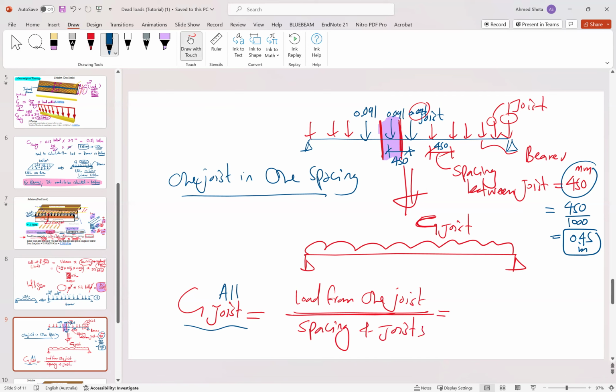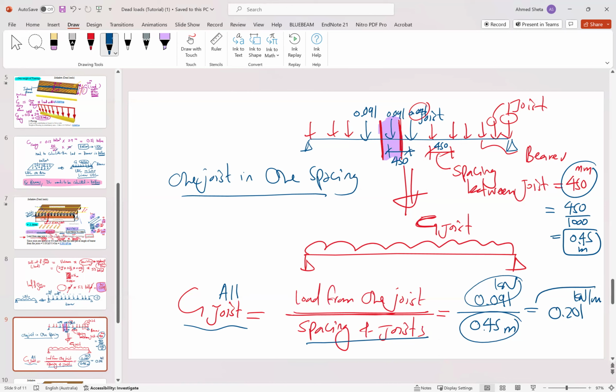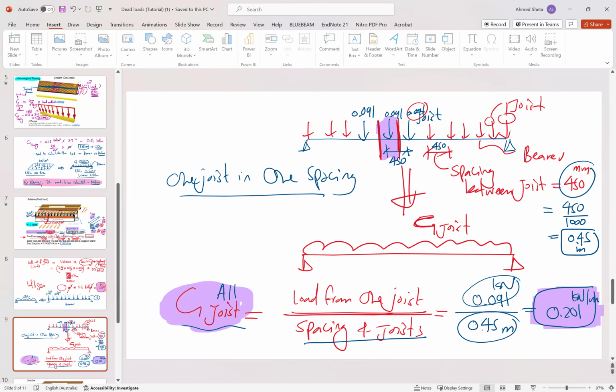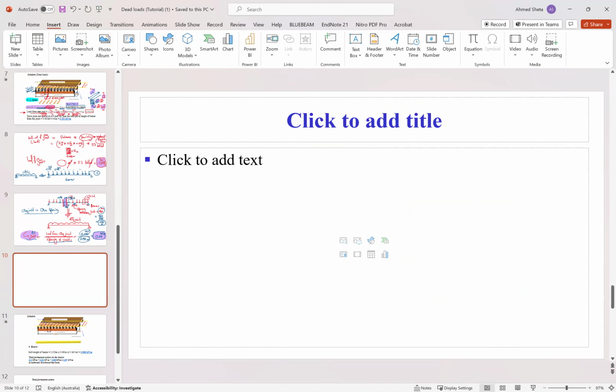So how much is the load from one joist? 0.091 kilonewton. How much is the spacing of the joist? 0.45 meter. So now we distribute the load over the distance. So we have the final value as 0.201 kilonewton per meter. This is what we need: the own weight of the joist, or the dead load of the joist, in kilonewton per meter.